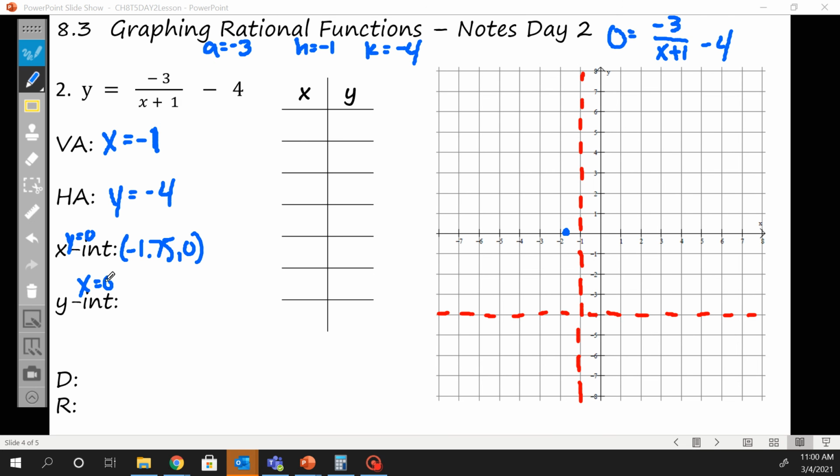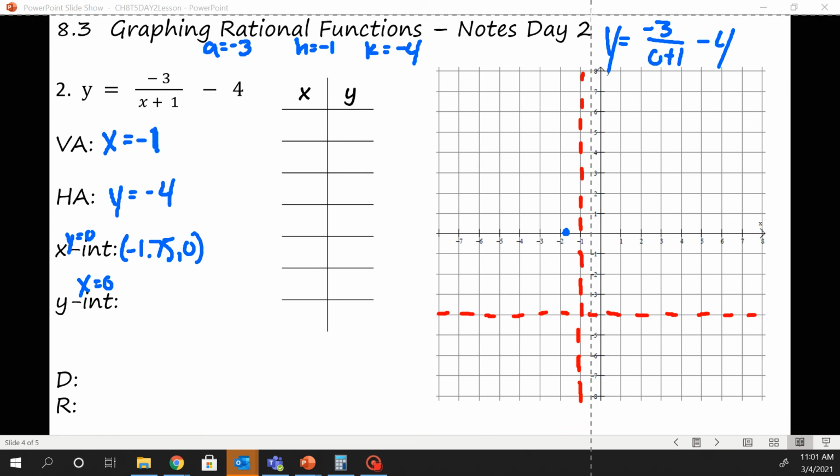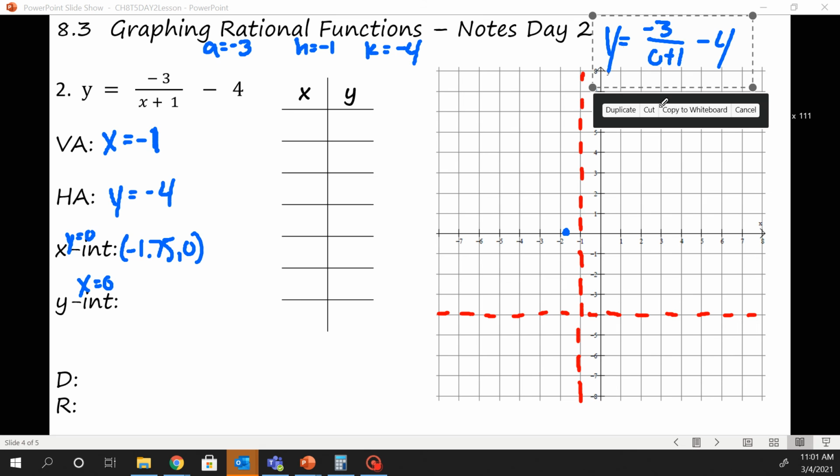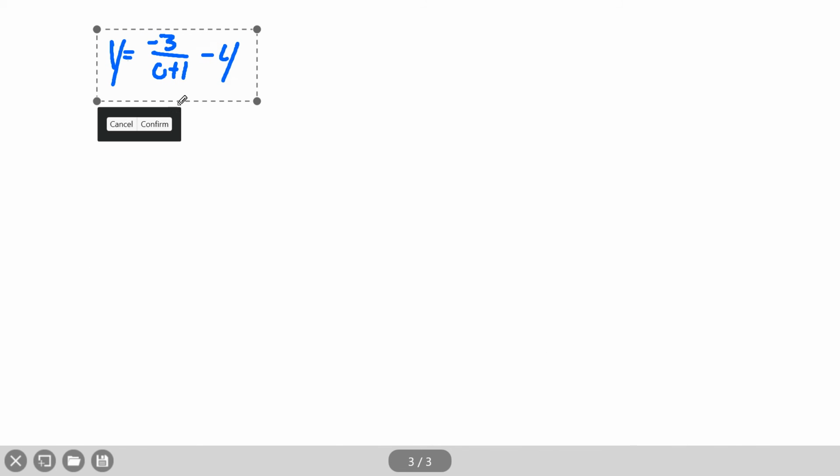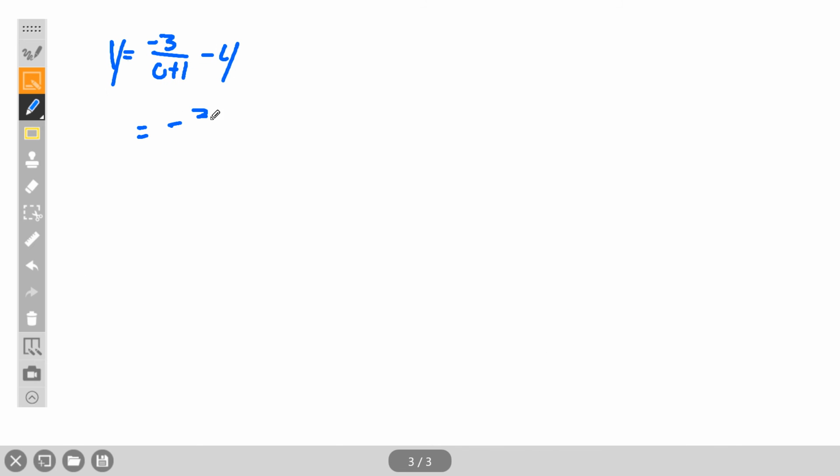Y-intercept, plug in 0 for x. So our equation becomes y is equal to negative 3 over 0 plus 1, minus 4. So that's negative 3 over 1 minus 4, negative 3 minus 4, which is negative 7.